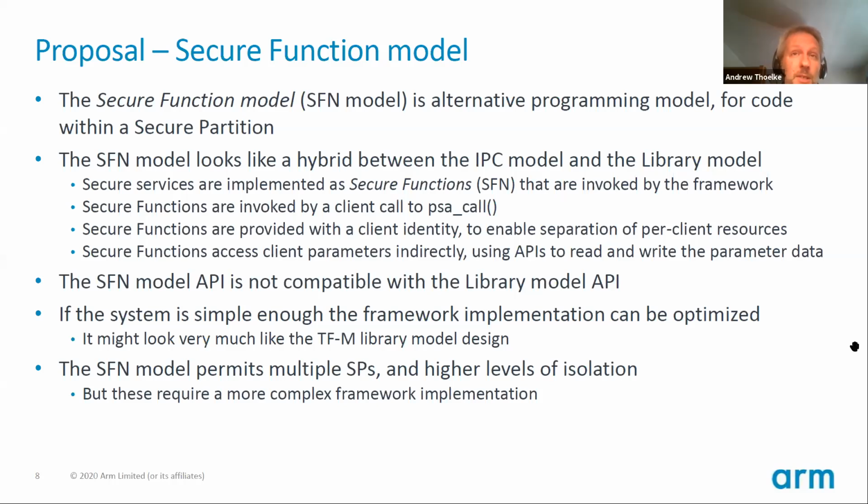For every service, instead of allocating a signal for the service, we would define a handler function. We might generate the names based on the service name, or we might use a manifest attribute to define what the function is called for that service. So when the partition says I'm a secure function model, each service ends up with an entry point, which is the service handler for that service.